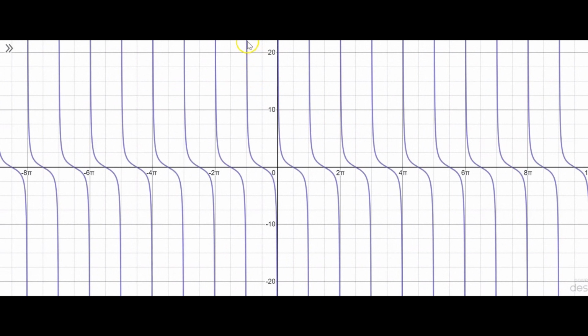It's vertical asymptote from the positive, coming down from positive infinity, then over, crossing zero, and then going down to negative infinity, and then doing it over and over again, repeatedly, all the way through x values, angle measures of positive infinity, okay? All right, so that's it for cotangent of x. Now let's move on to secant of x.